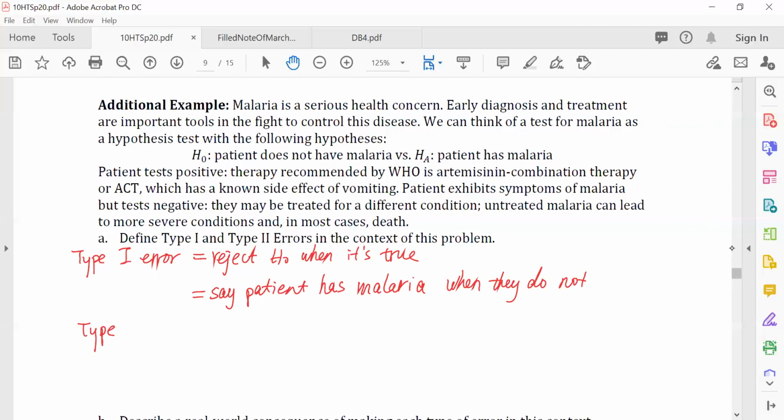Type 2 error is we do not reject H null when it's false.